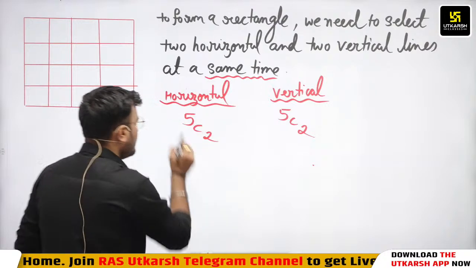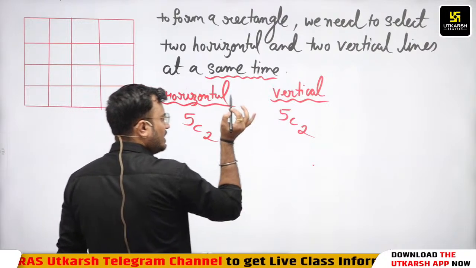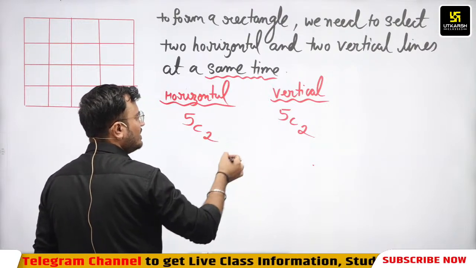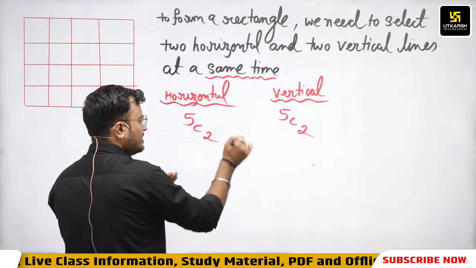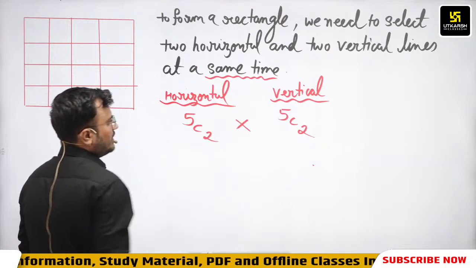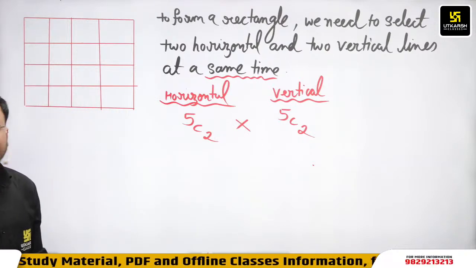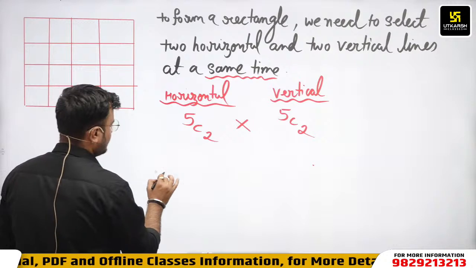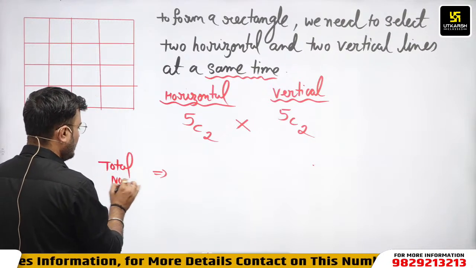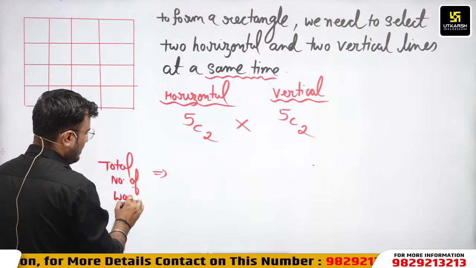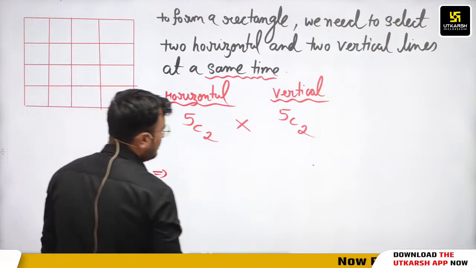So we need to select the horizontal lines, and we need to select the vertical lines. So how many ways are there to select the horizontal and vertical lines at the same time in succession? We need to multiply these 2 ways, and you will get the total number of ways. Now 5C2 is given by what?